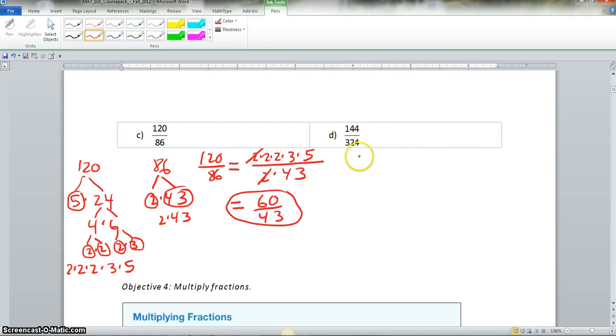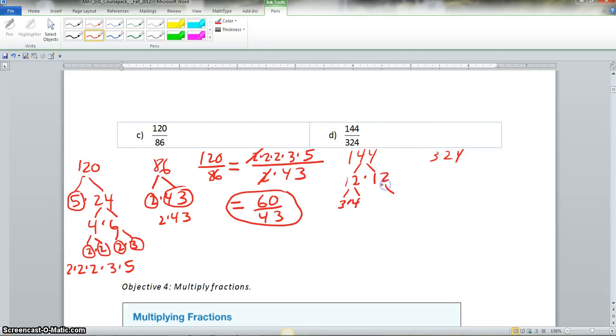Now we come here to D. We need to take the prime factorization of 144 and the prime factorization of 324. Now 144, we could break that up. This will give us 12 times 12. And we know 12 could break down to 3 times 4.